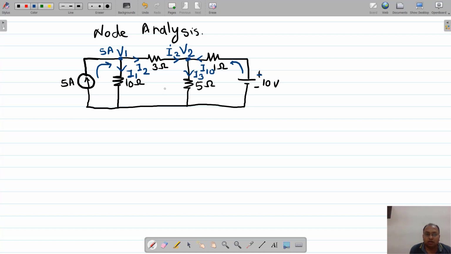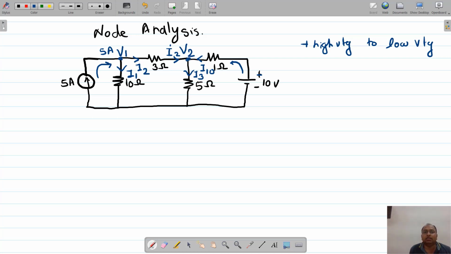Fine. Now remember, let us apply current division. Before going for the current division, remember that current always flows from the positive terminal or higher potential to low voltage. As this current I2 is flowing from junction 1 to junction 2, can we say that the voltage at this particular point is larger as compared to V2?